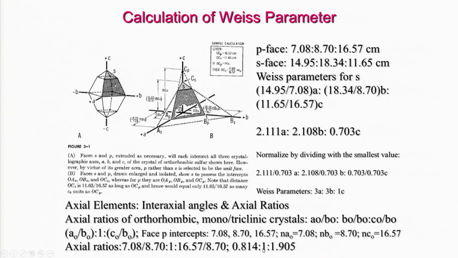Particularly for crystals belonging to the triclinic, monoclinic and orthorhombic crystal systems, you have this kind of values, where A0 by B0 is not equal to 1 and C0 by B0 will not be equal to 1. But in the case of the isometric crystal system, you now know this axial ratio will be 1 is to 1 is to 1.